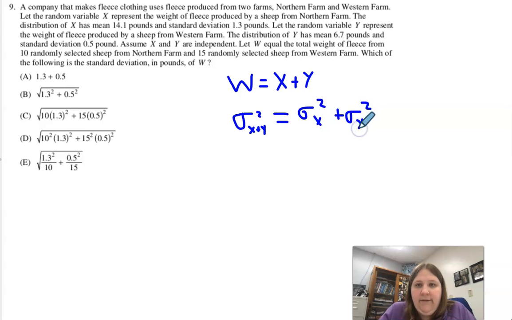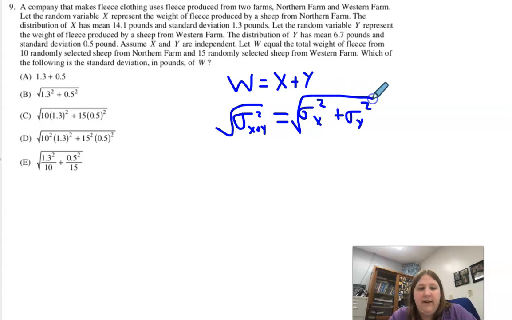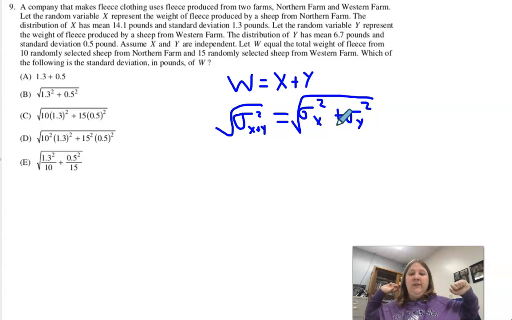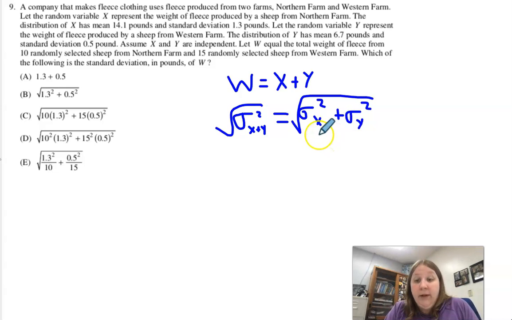Okay. However, we want standard deviation, so we would have to take the square root of each side. So we need something that follows kind of this format here. The difference is, though, that we have to consider is we have 10 x's and 15 y's. So really what we would have would be the variance of x plus the variance of x, right?